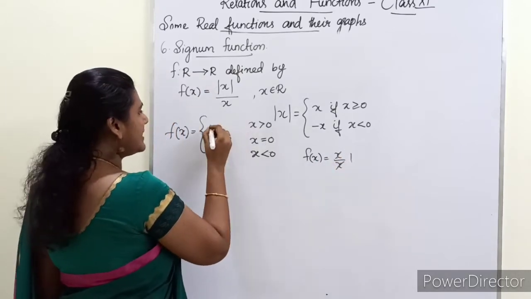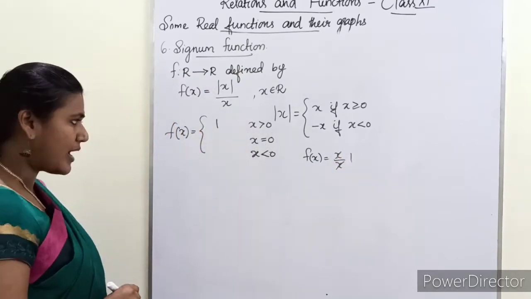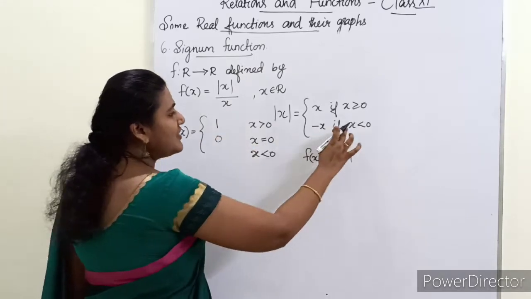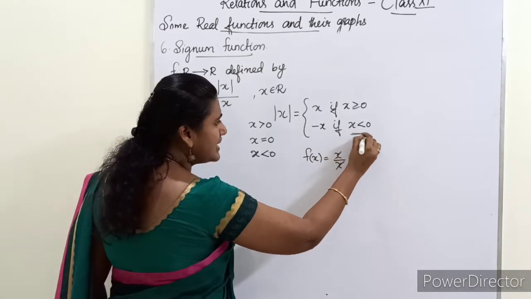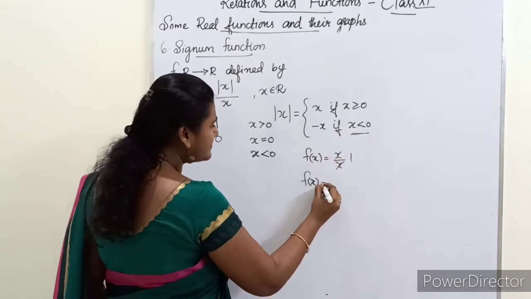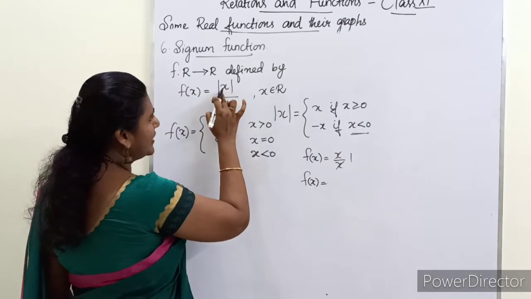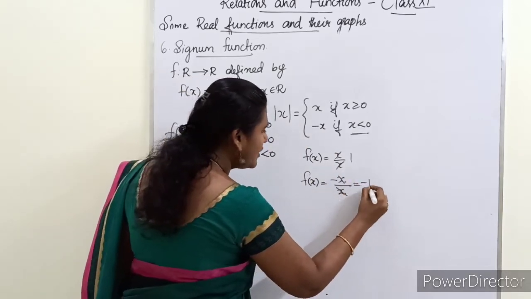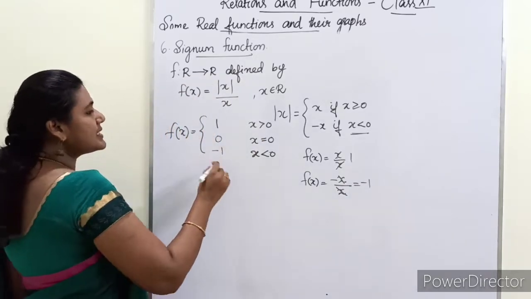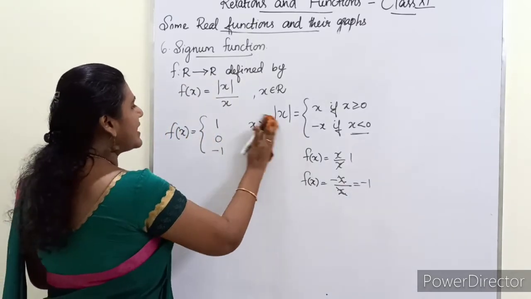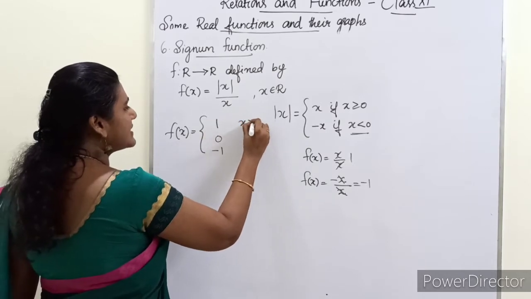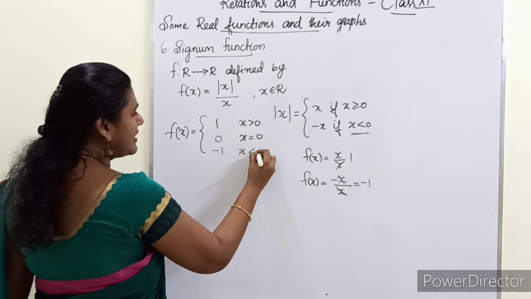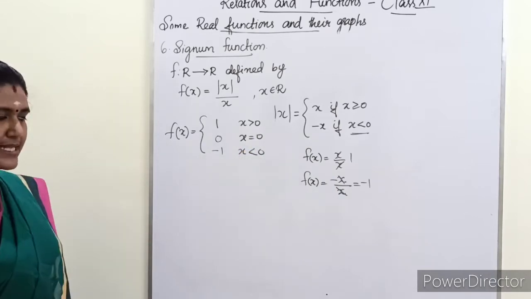So when x greater than 0, f of x will be 1, and x is equal to 0, this function will be 0. And if x less than 0, in this case f of x will be modulus x is minus x. So here we will substitute minus x, or minus x by x. When you cancel, you will get minus 1. So this is the signum function. So we can define signum function as 1 if x greater than 0, equal to 0 when x is equal to 0, minus 1 when x less than 0.